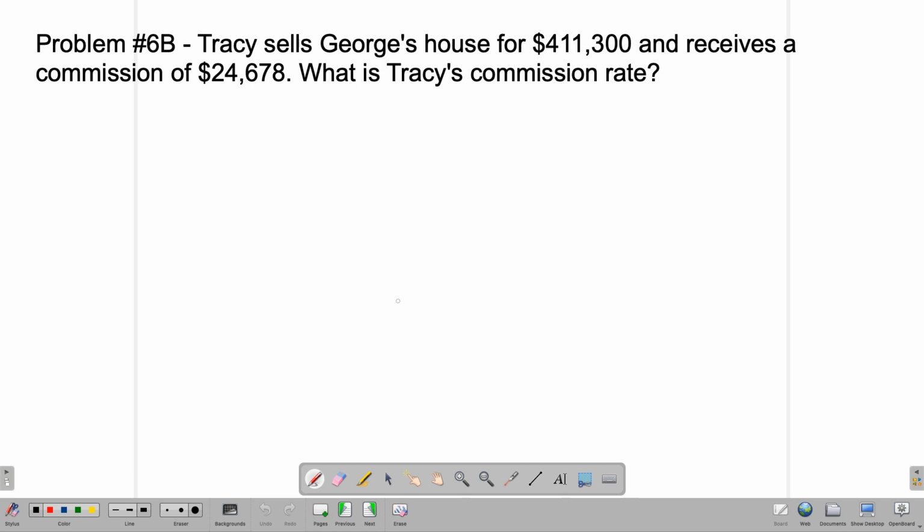So once again, we start off with part equals rate times base. And what's given is that the part represents the commission.